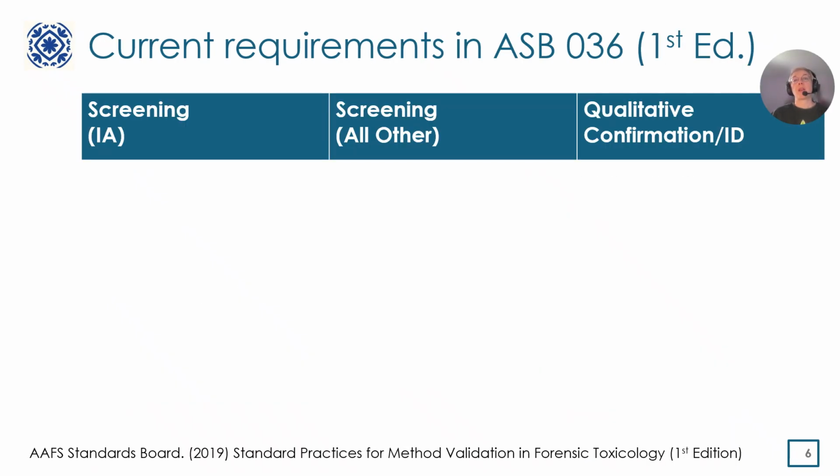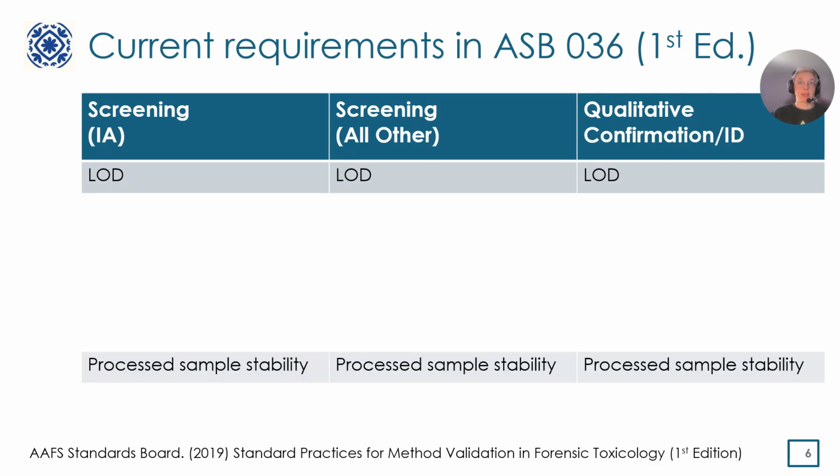Okay, so both types of methods, qualitative and screening, appear in the first and current edition of ASB 036, the standard practices for method validation in forensic toxicology. Estimation of the LOD and validation of the processed sample stability are required for all of them. When screening with immunoassay, you also need to look at the precision at the decision point.